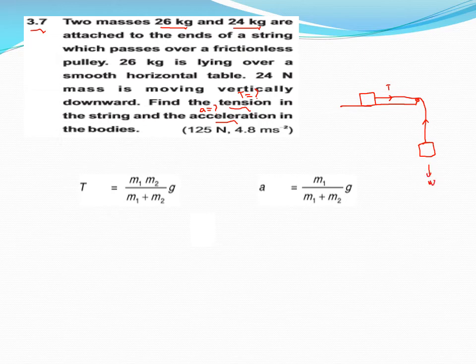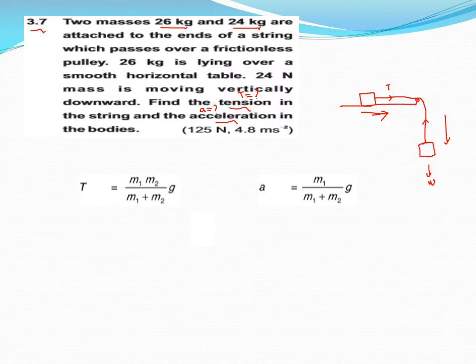So again, this is the case for connected bodies, and we have mathematical forms for tension and acceleration. Here both bodies are not moving vertically; rather, one body is sliding horizontally forward and one is moving vertically downward. So the situation is a little bit changed.